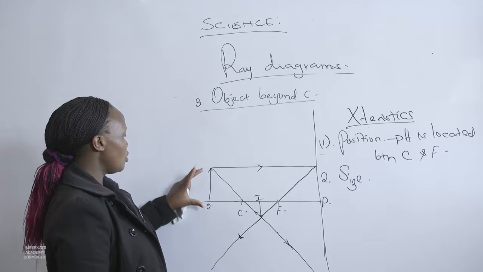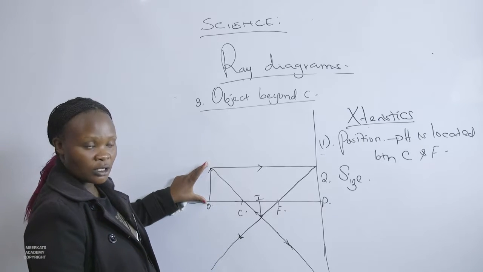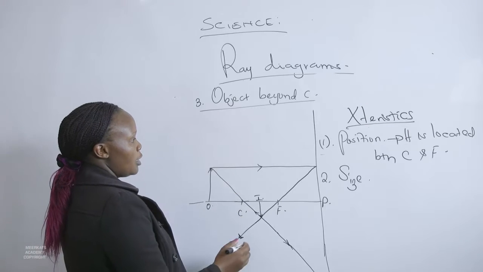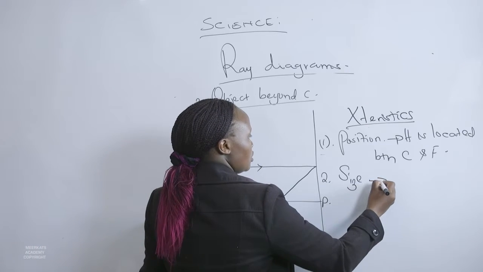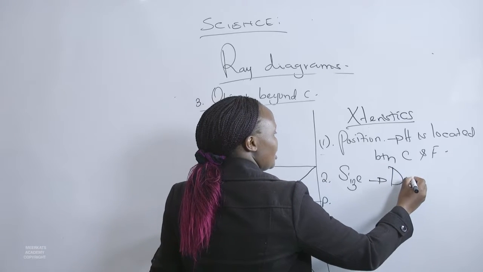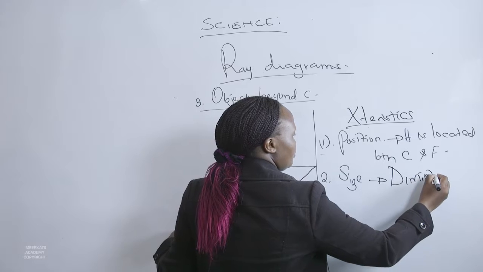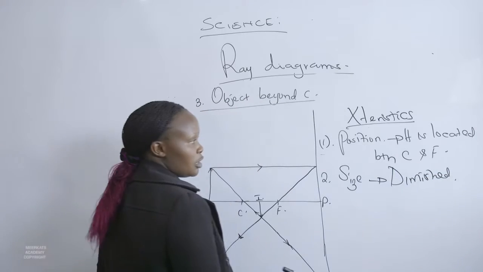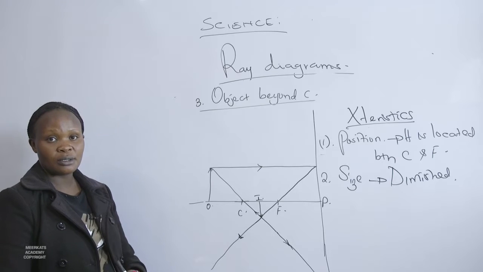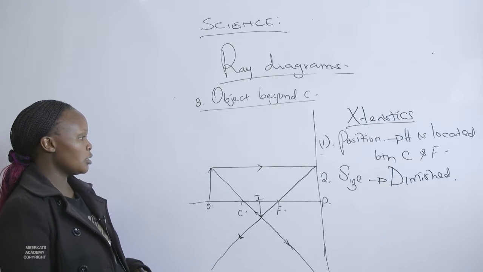In this case, we want to compare the size of the object relative to that of the image, and we will find out that actually the object is diminished. It is actually diminished. In other words, we could say it's smaller than the object.